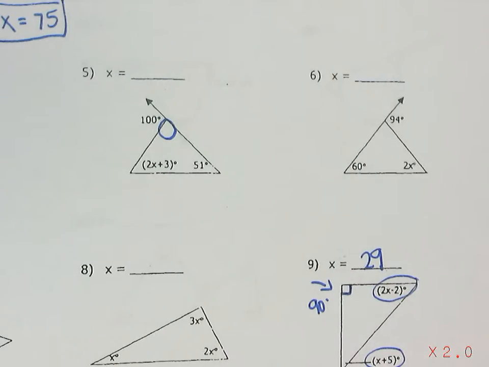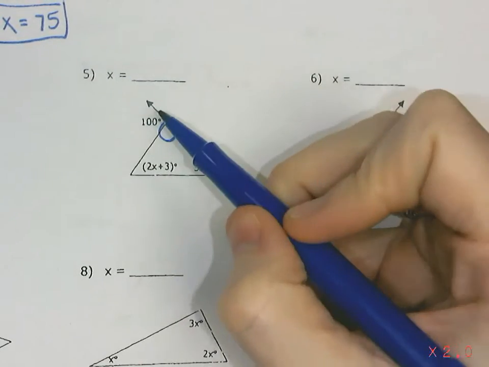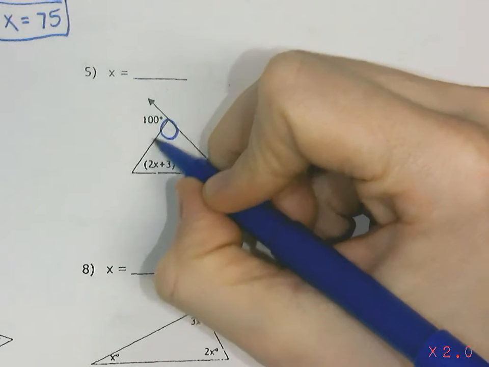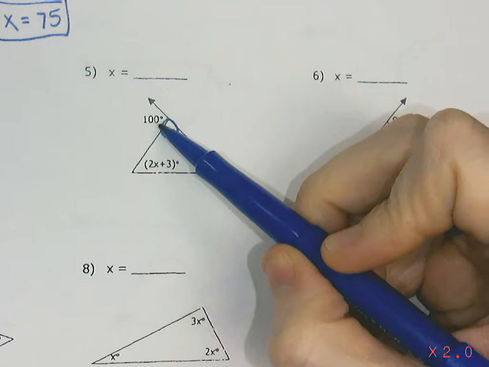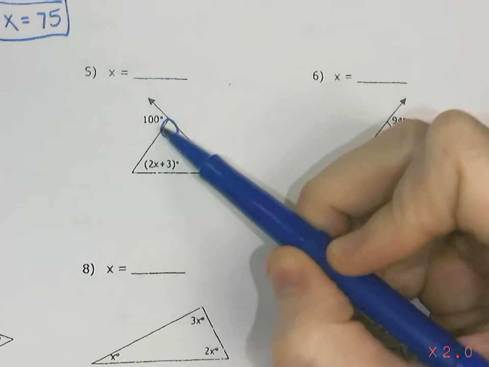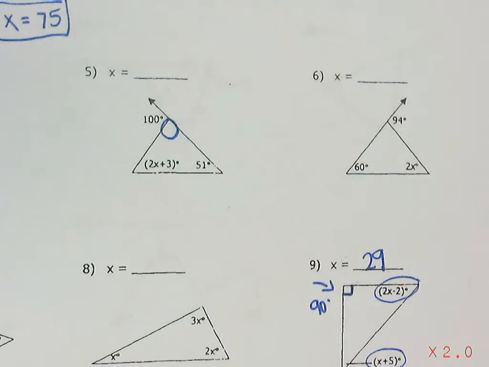We don't know what it is, okay? But we do know that this outside angle right here is 100 degrees. An outside angle is called an external angle. These angles on the inside of the triangle, they're called internal angles. Okay, so we know this exterior angle right here, this angle on the outside is 100, but we don't know this angle right next to it.